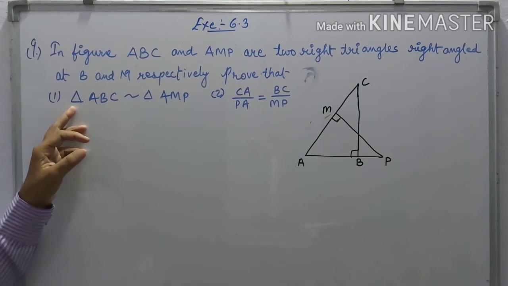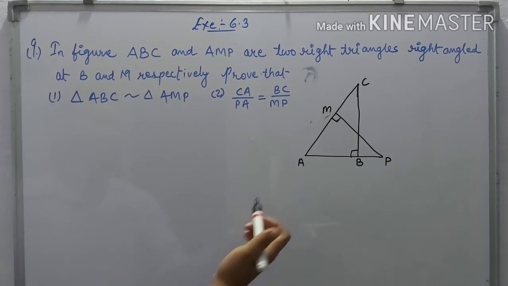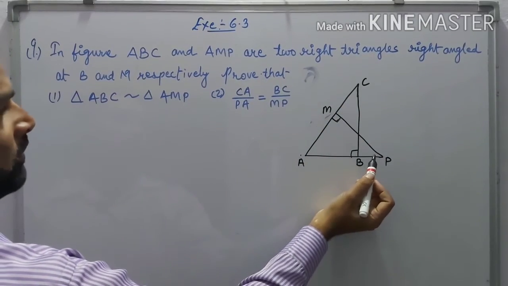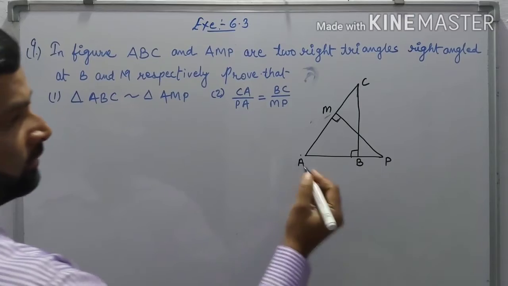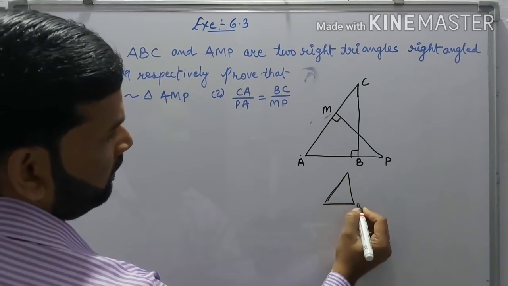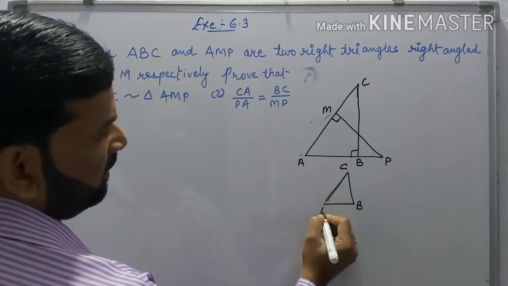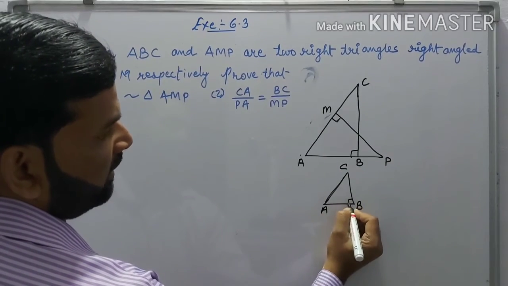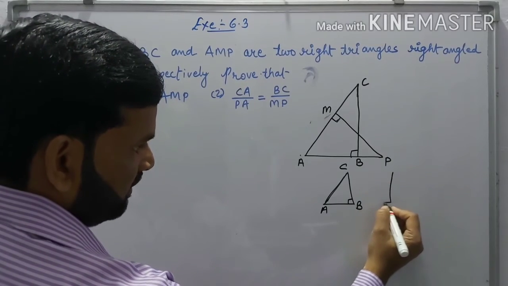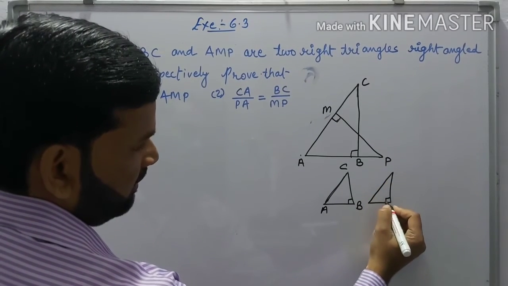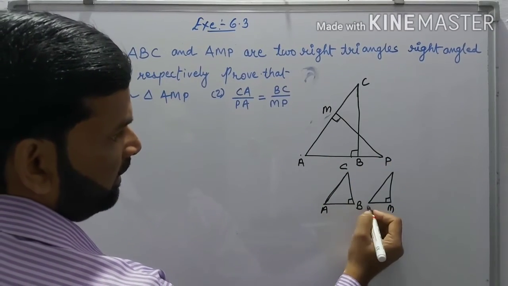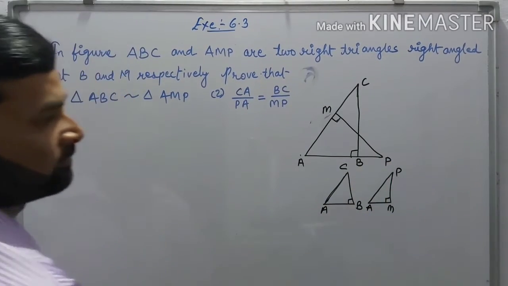Now you prove that triangle ABC is similar to triangle APM. So here you draw triangle ABC with the right angle, and draw the similar triangle with M and P, and place A and P.